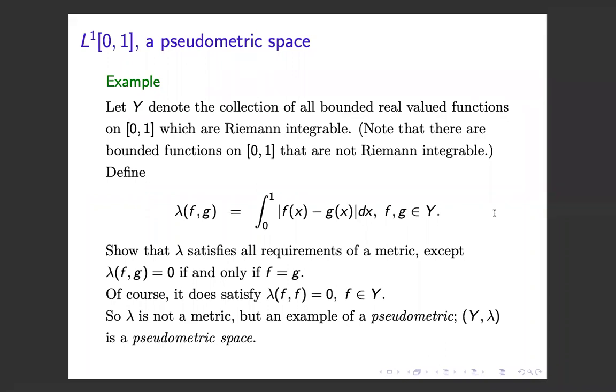It's a fairly complicated question, and to answer that, you have to go beyond Riemann integrable functions. To get a complete answer, you may have to wait for a course in measure theory, Lebesgue integrals and things like that. To construct such functions f and g which are bounded, for which lambda(f, g) is 0 but f is not equal to g, is difficult at this moment.